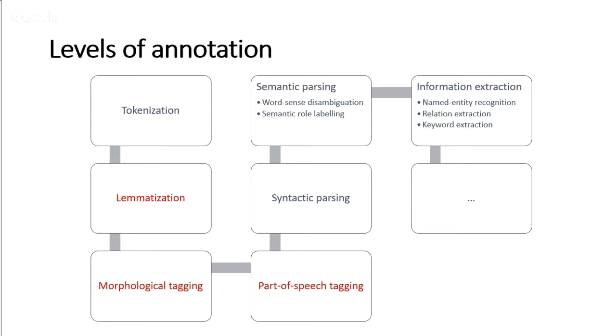These go together, as I'll explain later, and they support each other, and they form the basis for syntactic parsing. I mean, this is not a strict order. You can skip some steps, but logically, these are all steps that build on each other.